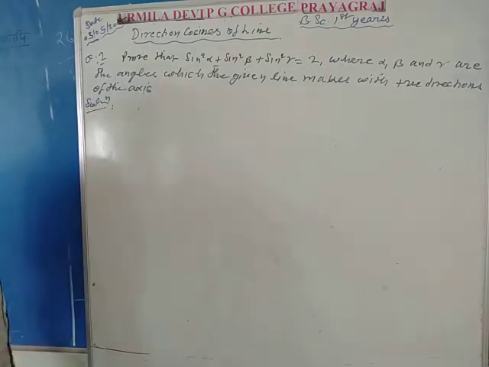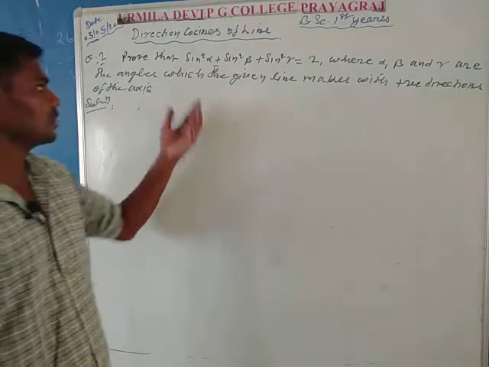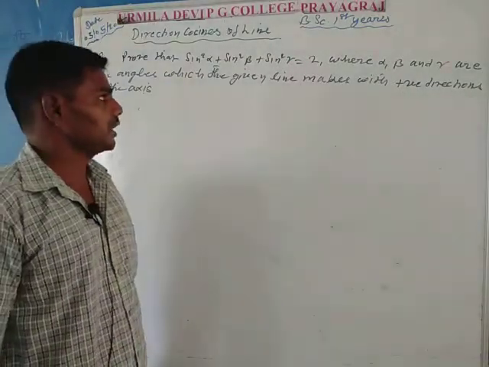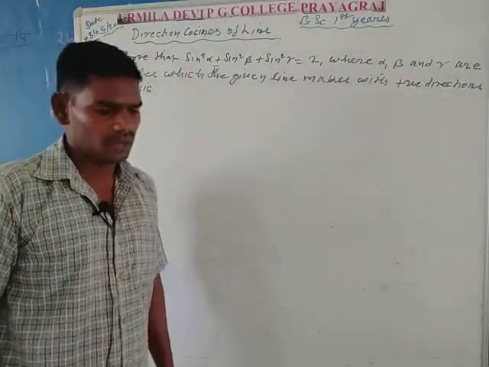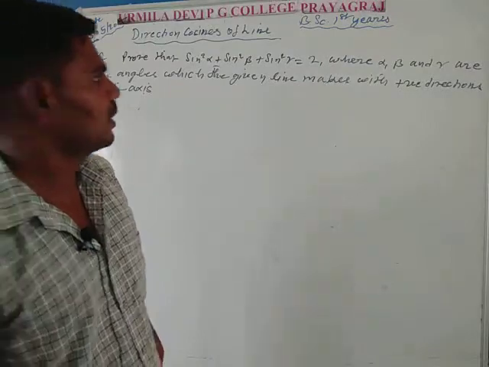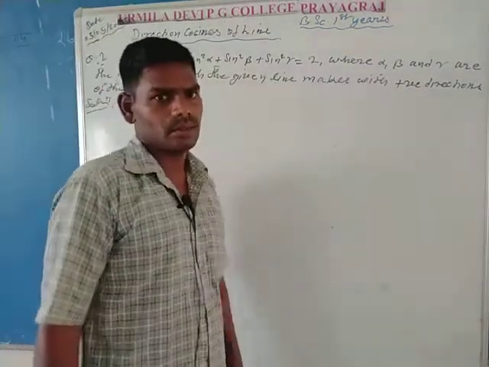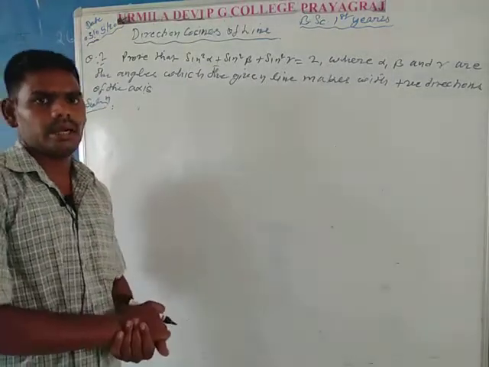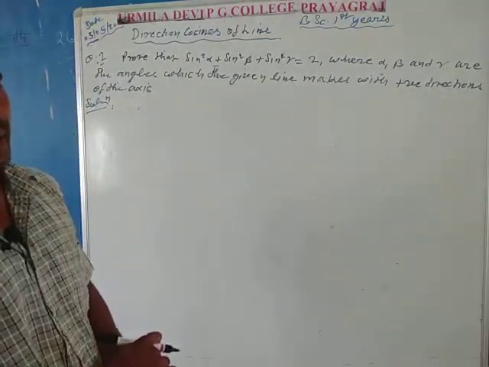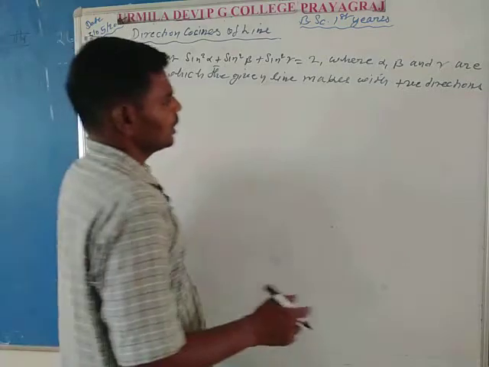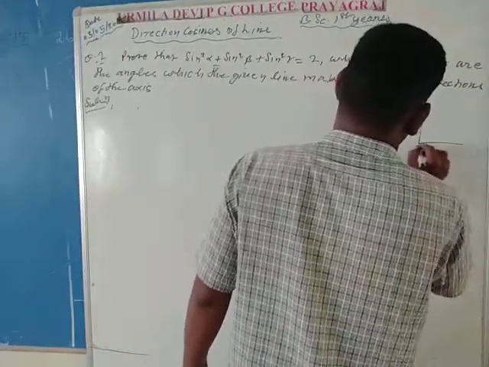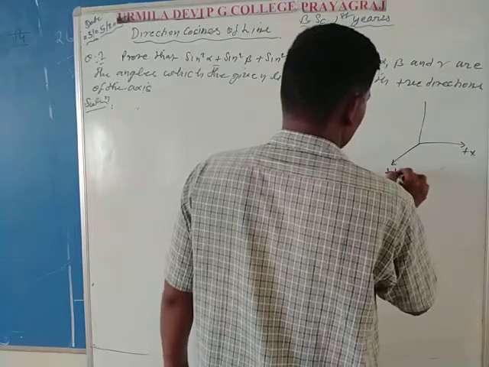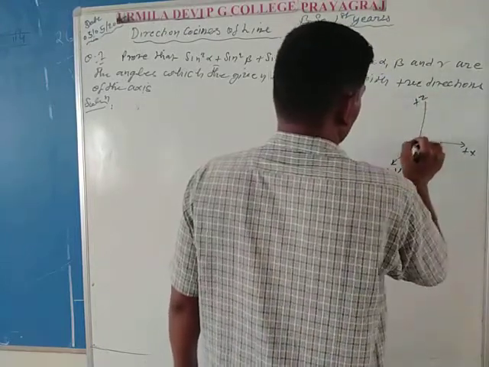In the question, prove that sin square alpha plus sin square beta plus sin square gamma is equal to 2, where alpha, beta, gamma are the angles between the given directed line and the positive x-axis, y-axis and z-axis. So here draw a figure. Positive x-axis, positive y-axis, positive z-axis, and the origin.